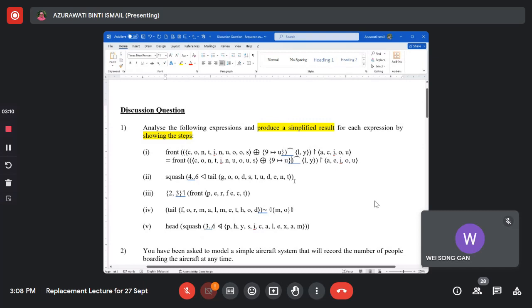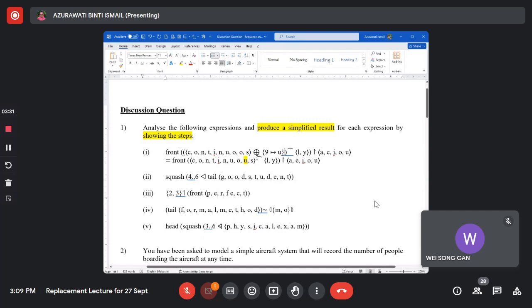Then you remove this part here. So you already updated this part with u. Then you will have that. And then after that, I have to remove this bracket also, because I'm using this.